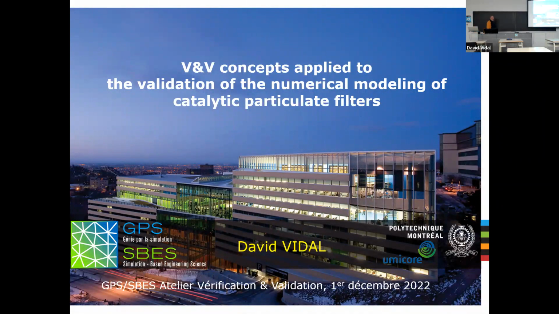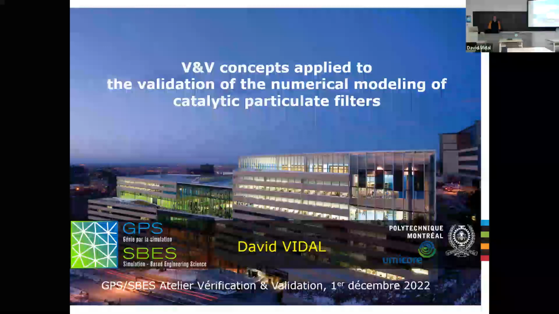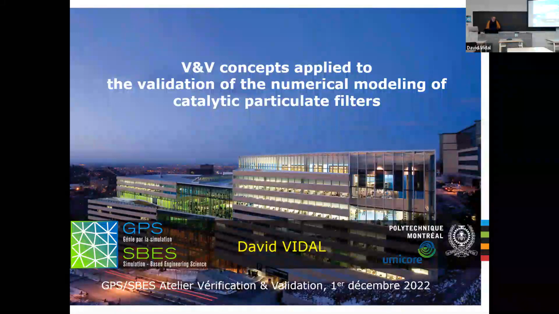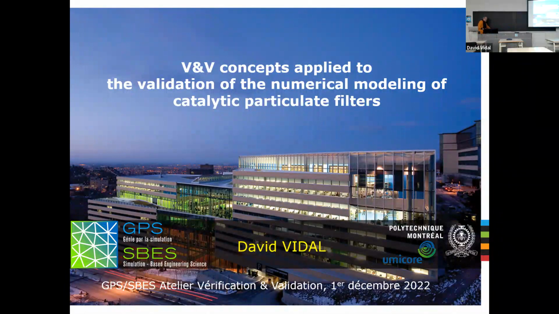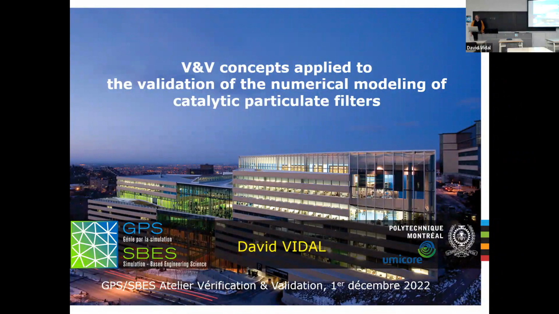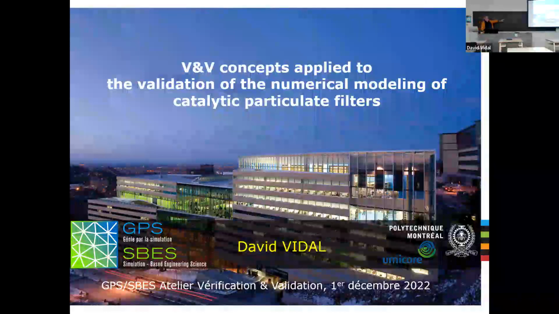So as Christophe said, my expertise is in computational engineering of porous materials, okay? And I would say that my name is quite well suited for such a kind of application. For those of you who are not French speaking, vide, with the E, means void. So I have two voids in my name. It's a porous name.